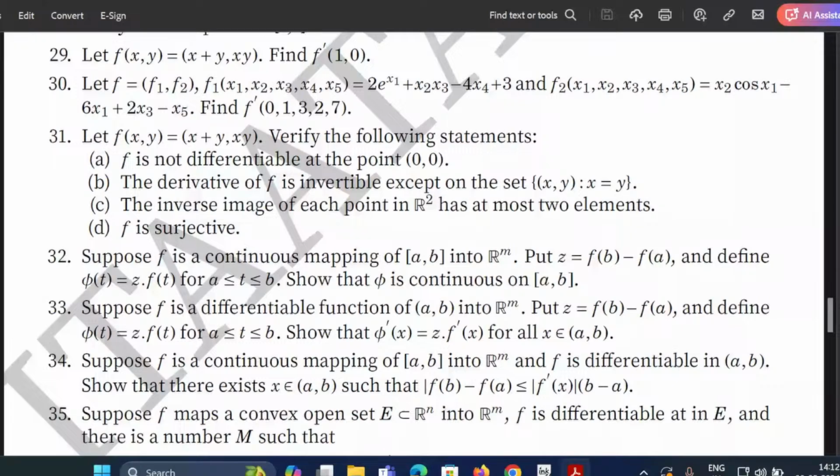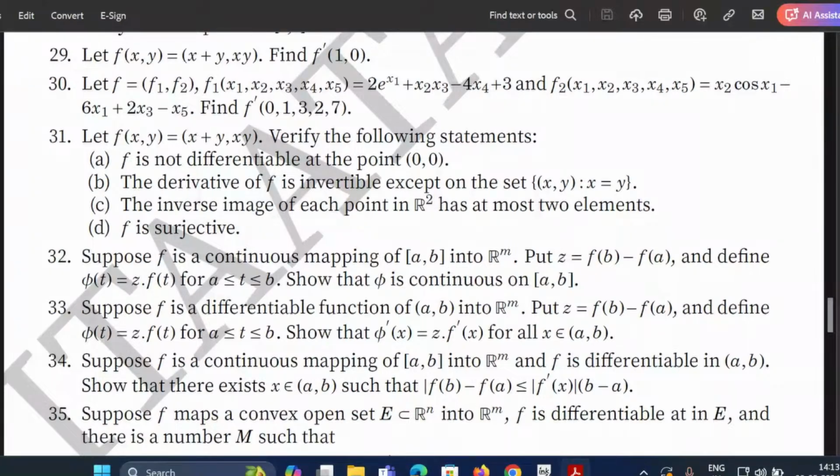Question number 31. It's again the same function we considered in question number 29. Now verify the following statement: F is not differentiable at the point (0, 0). Is it a correct statement? No, it's not correct.